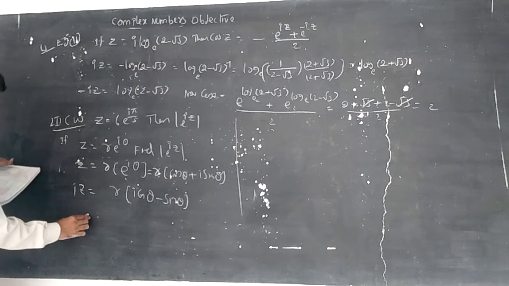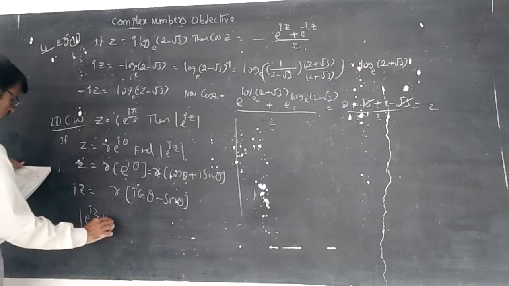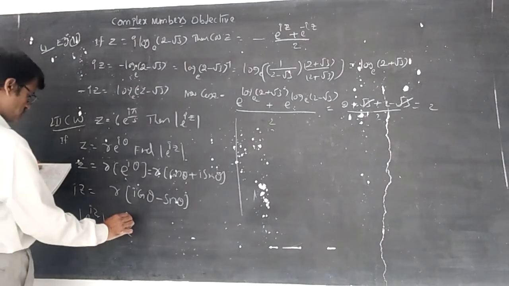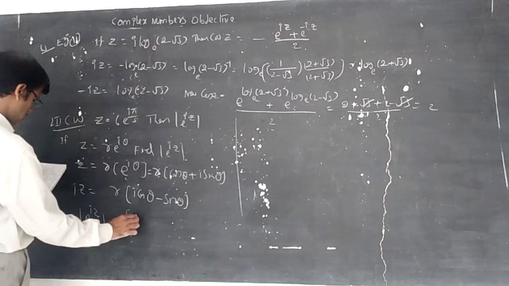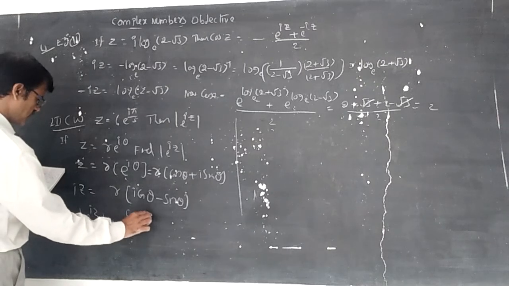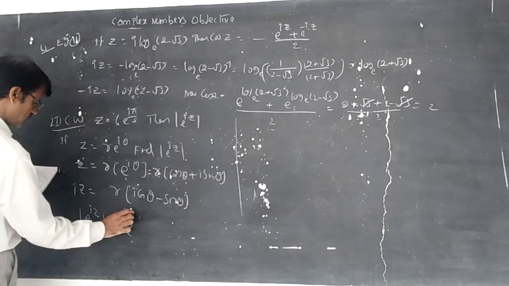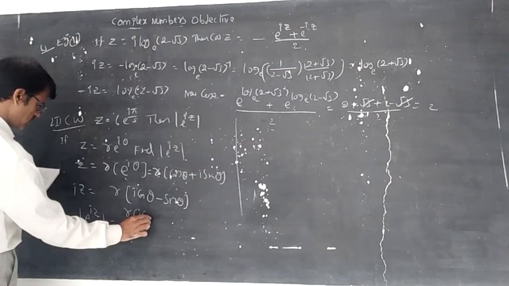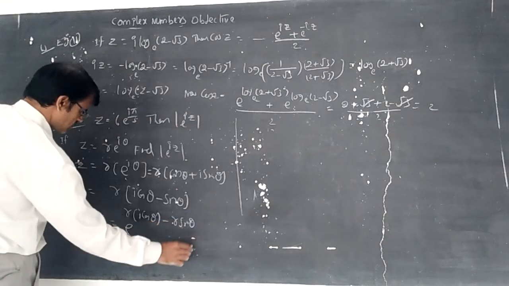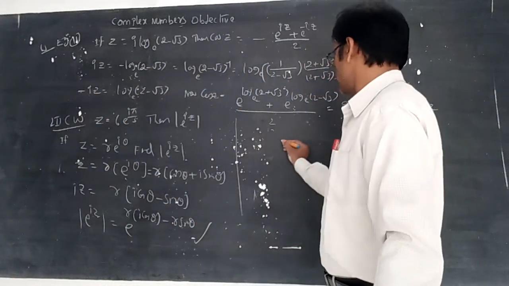Now e power iz. So modulus of e power iz is equal to e power of this one. If we write r into i cos theta, r into i cos theta minus r sin theta, it is the correct way. e power i r cos theta minus e power r sin theta.